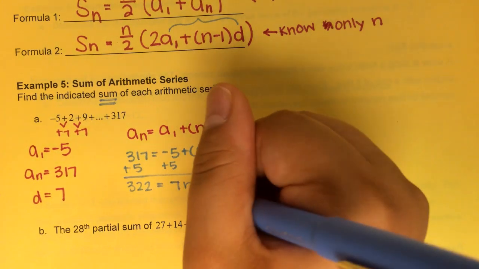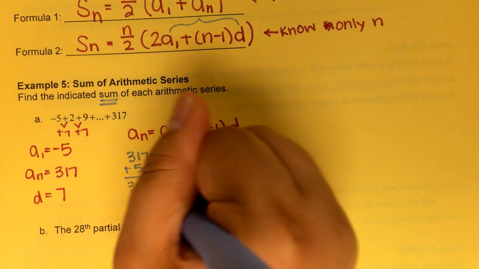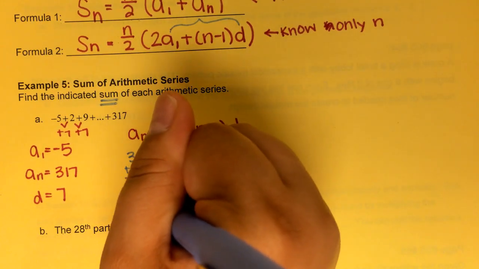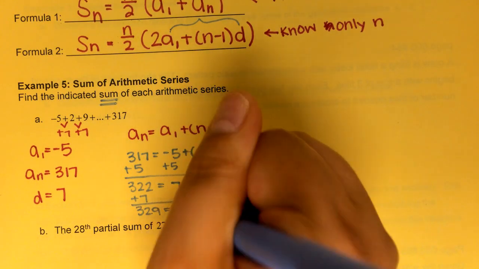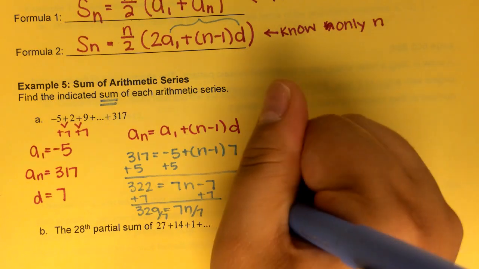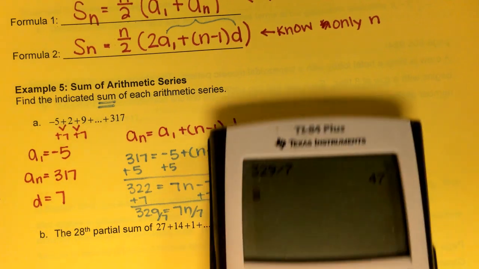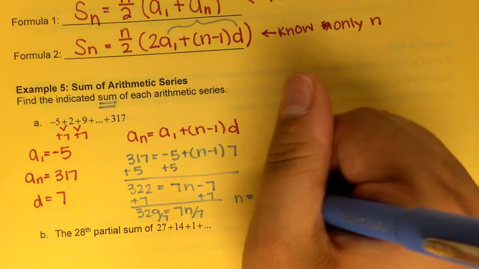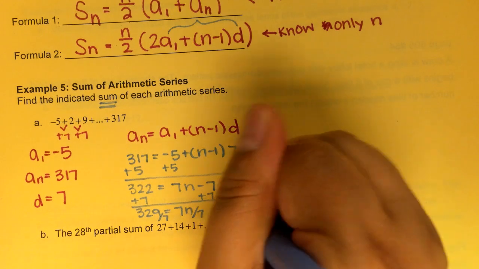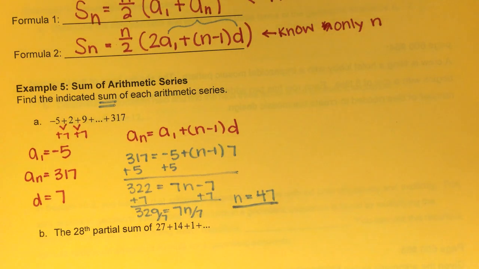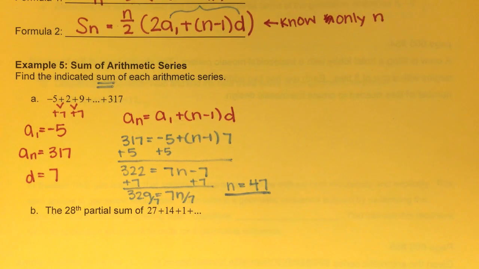And then I'm just solving. 47 is what I got. Be careful, a lot of people stop right here. Is my question asking what N is? No, what's my question asking?